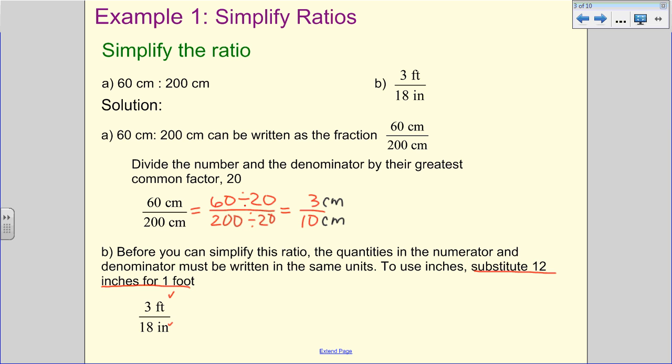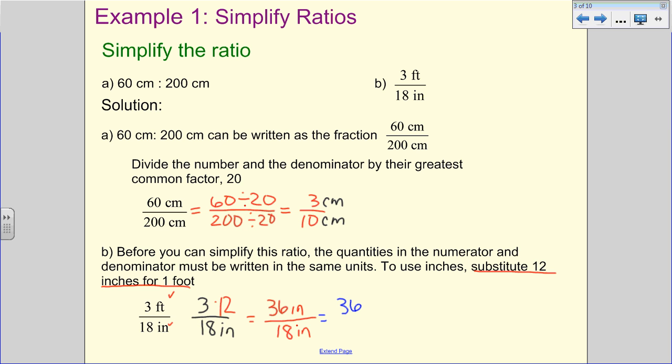So if we take a look at that, we have 3 over 18 inches. What we're going to have to do is multiply that 3 by 12. And so then what that's going to give me is 36 inches over 18 inches. The common factor there for 36 and 18 is 18.